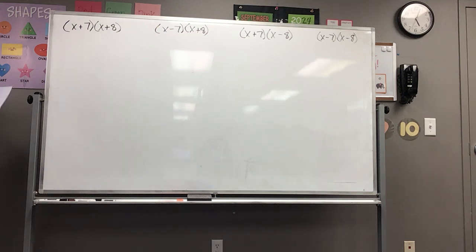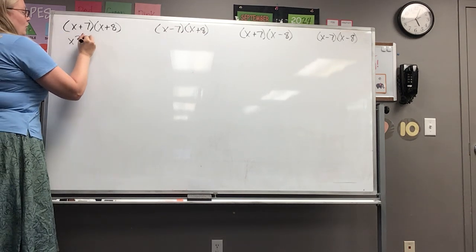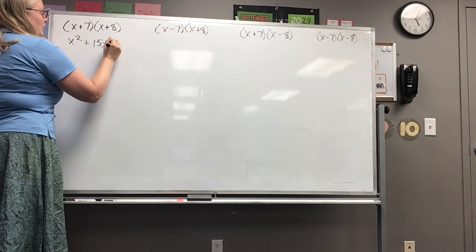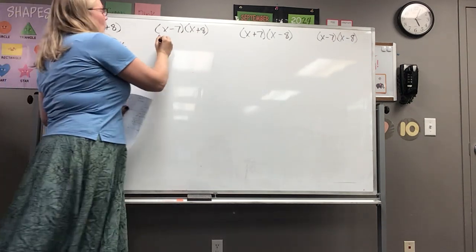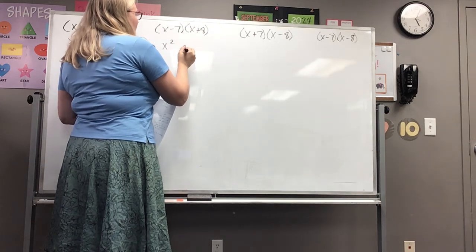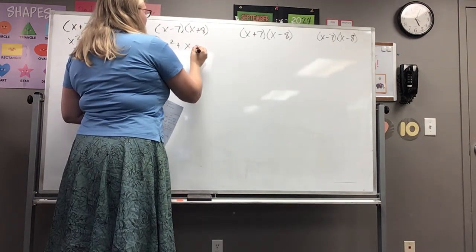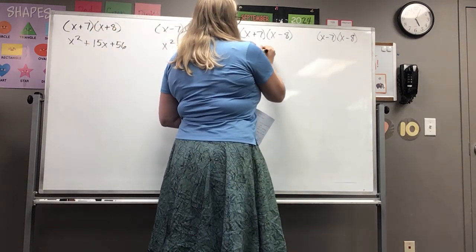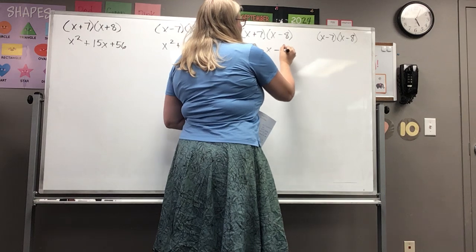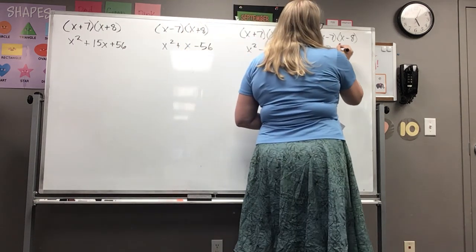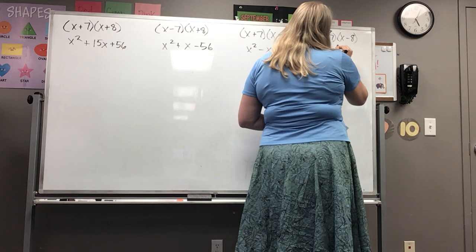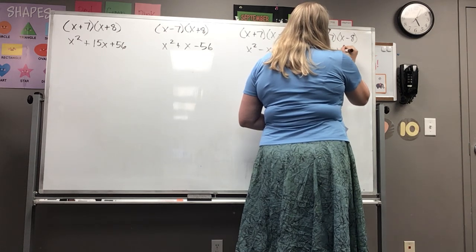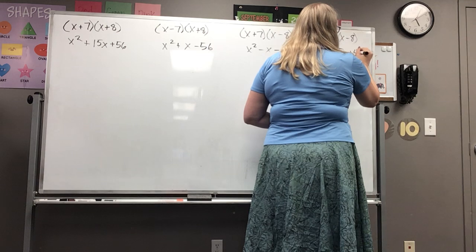Instead, we're going to look at the products of, okay, if we had x squared plus 15x plus 56, or x squared plus 1x minus 56, or x squared minus 1x minus 56, or x squared minus 15x.